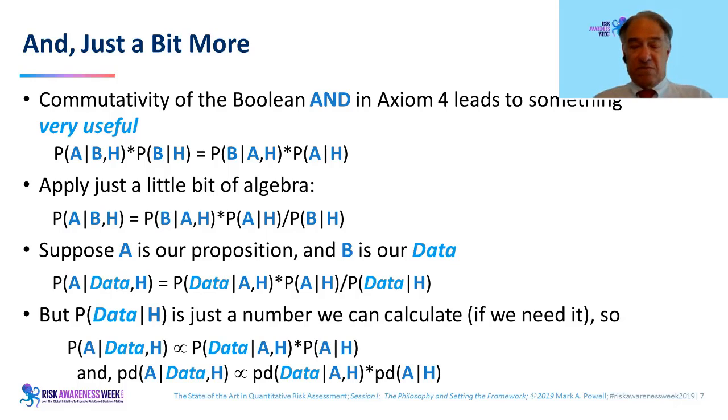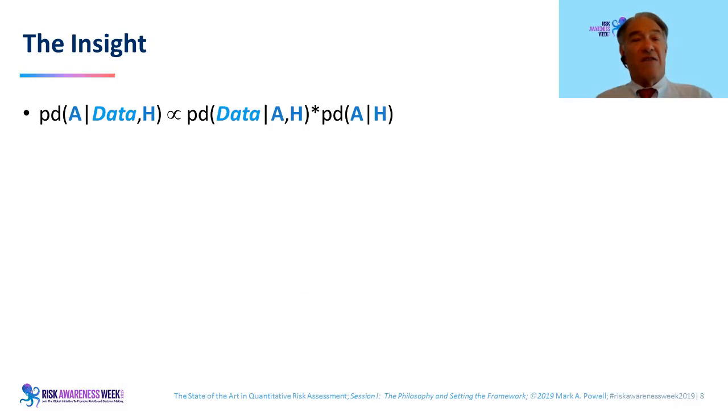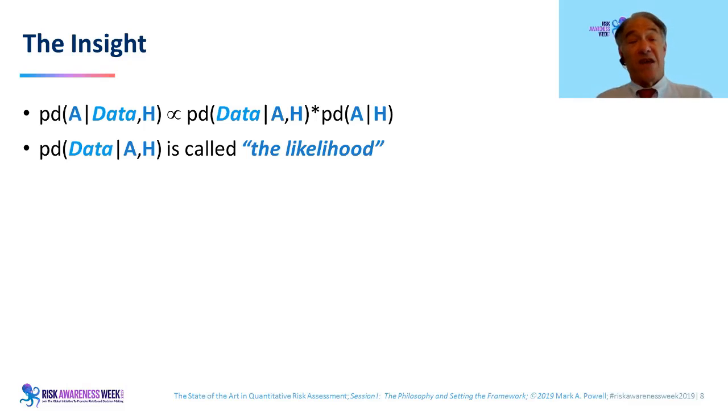Now, there's some significant import to this. Taking that particular equation, the first term on the right of the proportion sign is called the likelihood function. If you've ever done maximum likelihood estimation, you're using the likelihood function.